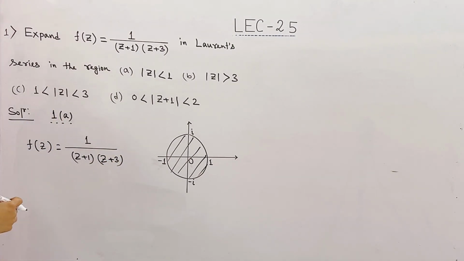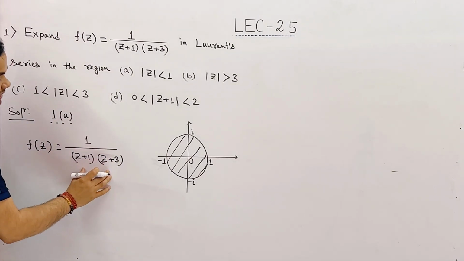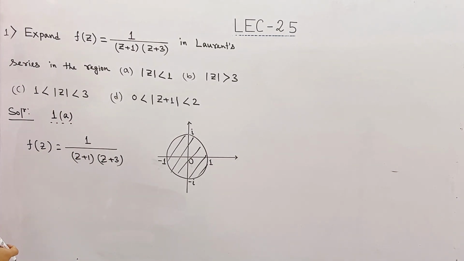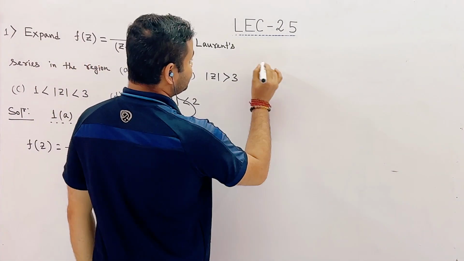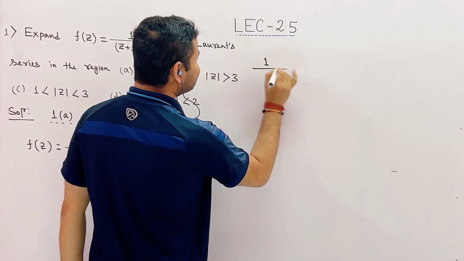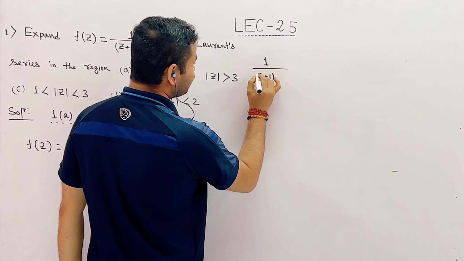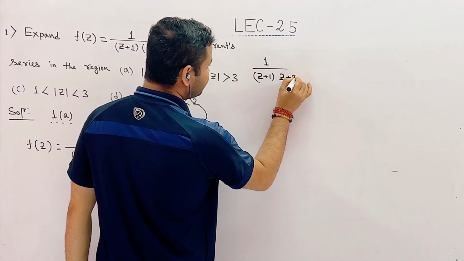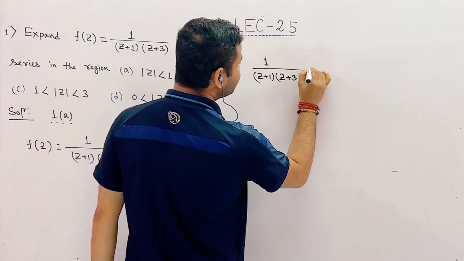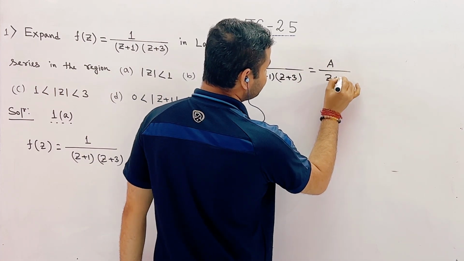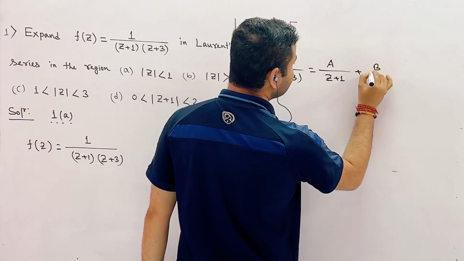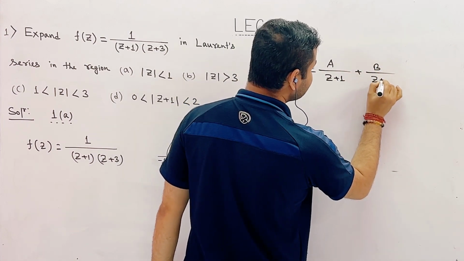Our first target is to resolve this term into partial fraction by using partial fraction method. Now let us resolve this term into partial fraction here. So 1 by (z plus 1) into (z plus 3) can be written as a divided by (z plus 1) plus b divided by (z plus 3).